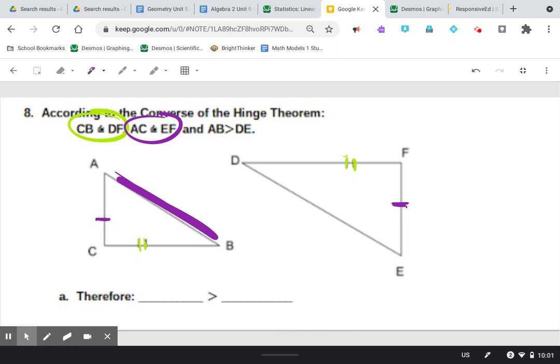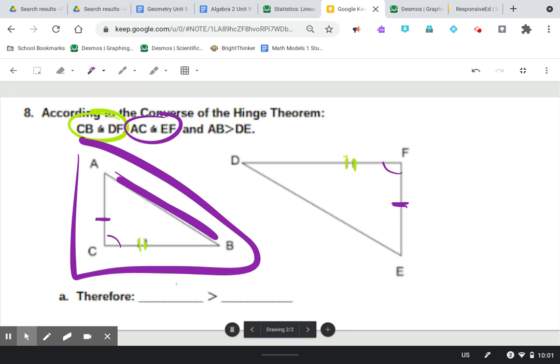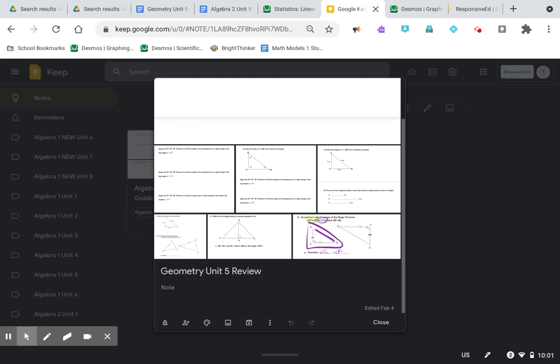This longer side means that the angle at C is bigger than the angle at F. Because the third side is longer in this triangle, angle C is greater than angle F. That's pretty much all you have to do on those, and you should have done a lot of those back in the lesson.